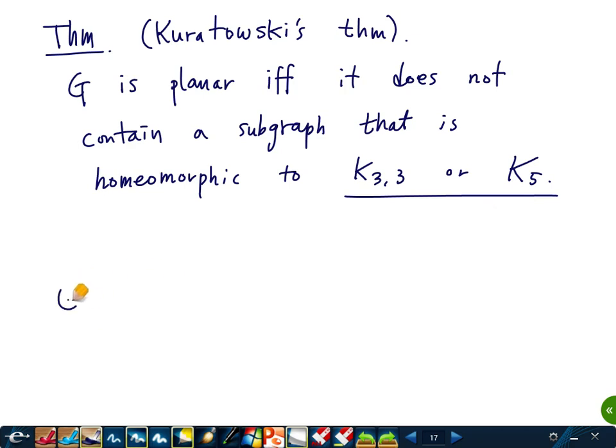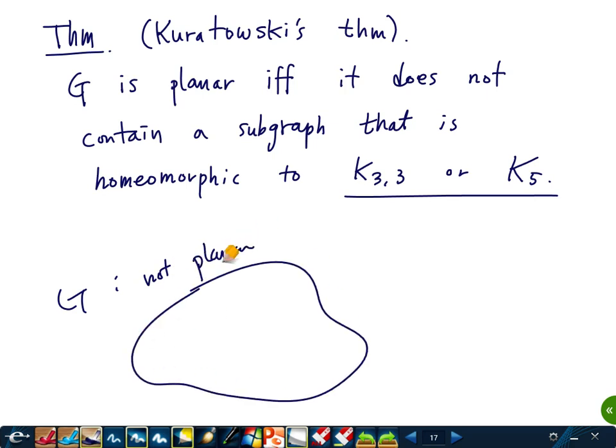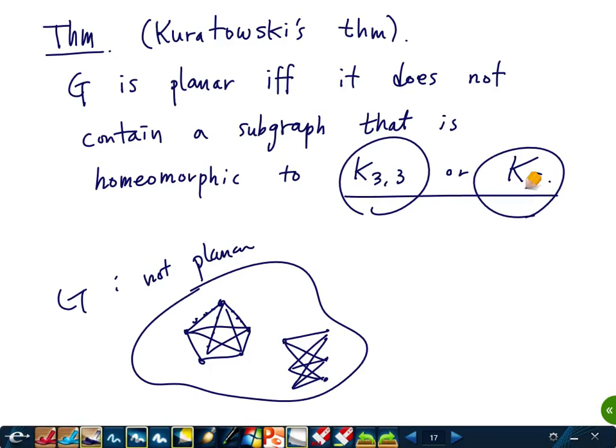So if G is non-planar, you can always find this kind of figure or this kind of figure. It must contain something like this or something like this, or with some dots there, because that's a homeomorphic image, right? So these are the essential non-planar graphs. The proof is not so simple, so I'm not going to do the proof.